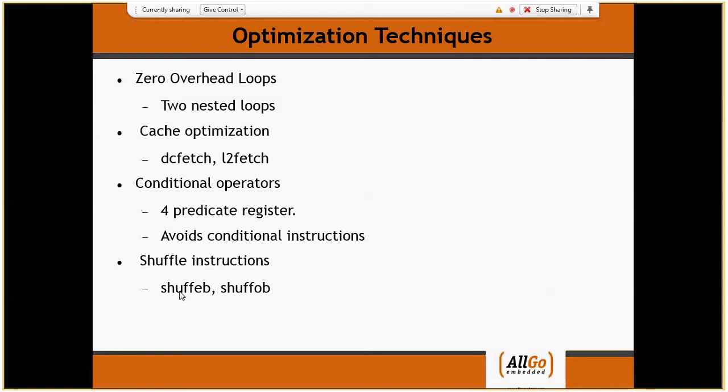Some of the conditional operators, as I mentioned earlier: there are 4 predicate registers. Basically, they avoid some of the conditional instructions. We used this in code where you need to do some if-else condition. This predicate register helps in quite a bit of megahertz reduction. Also, we have used some of the shuffle instructions.